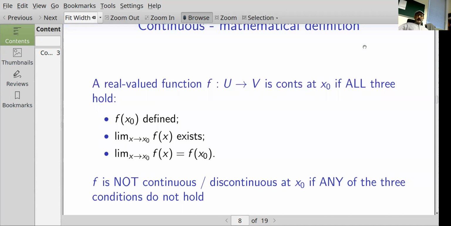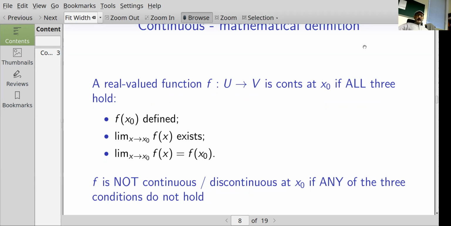Now, a proper mathematical definition of continuity. A function that maps u, a subset of the reals, to v, a subset of the reals, is continuous at x naught if all three of these conditions hold. First, the function should be defined at x naught. Second, the limit as x goes to x naught should exist.